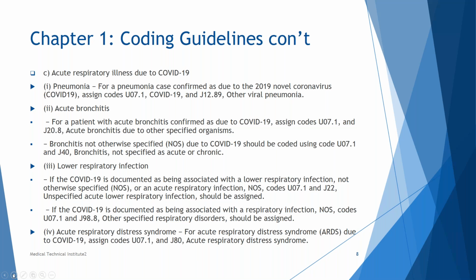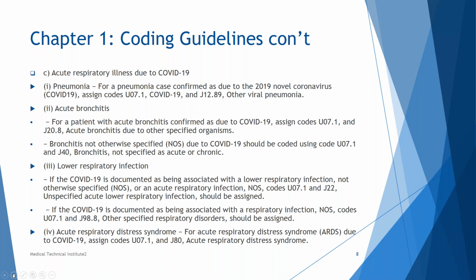Now, for acute respiratory illnesses due to this, for the most part, you're going to see pneumonia, bronchitis, lower respiratory infections, acute respiratory distress syndrome. We've seen a lot so far in coding this year. For the most part, a lot of patients have some of the same common mild symptoms, and then some progress into a different diagnosis like pneumonia and bronchitis.